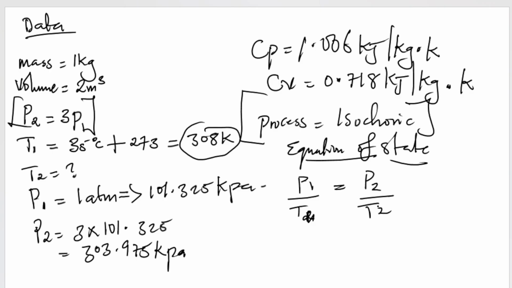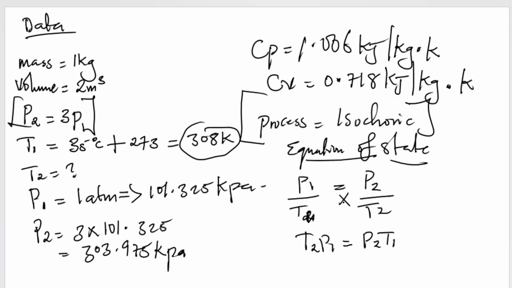Are we together? Now remember, your interest is to get T2, your final temperature. So you make T2 the subject of the formula. You cross multiply, and you have T2 multiplied by P1 equal to P2 multiplied by T1.